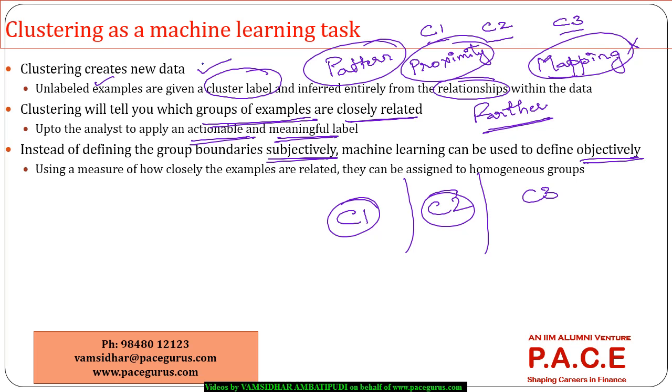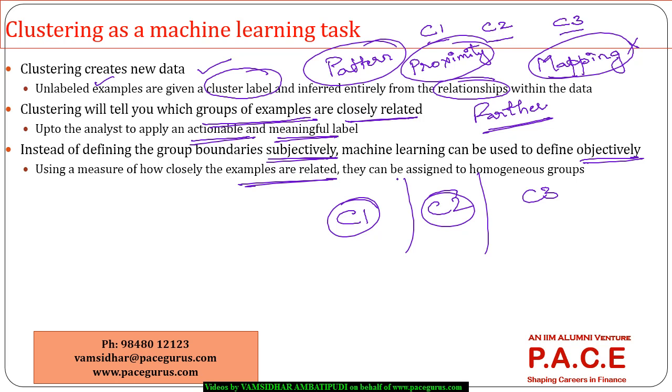So it looks at how closely the examples are related, and if they are more and more closely related, they are assigned to homogeneous groups, and if they are very much farther away from each other, they are put into a completely different group.